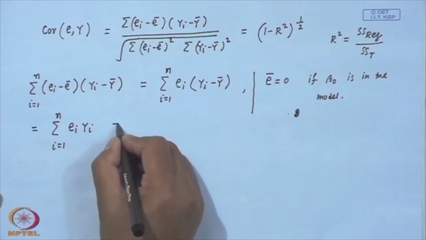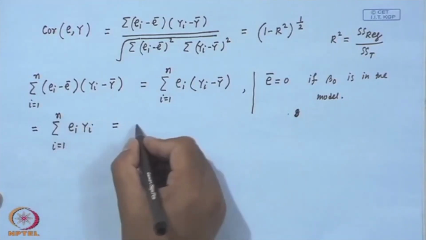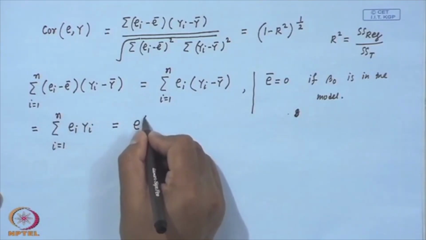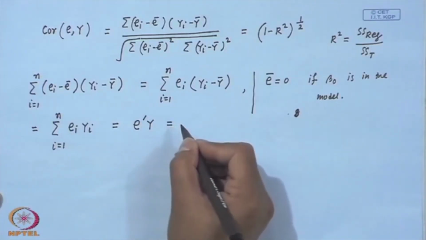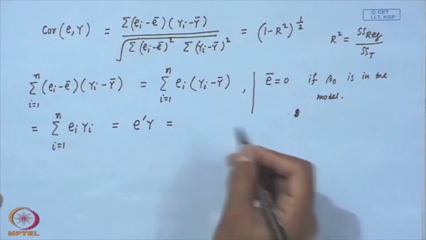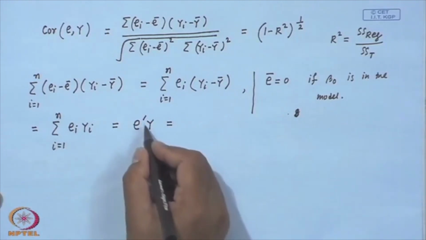So, in vector notation this can be written as E prime y or y prime E.